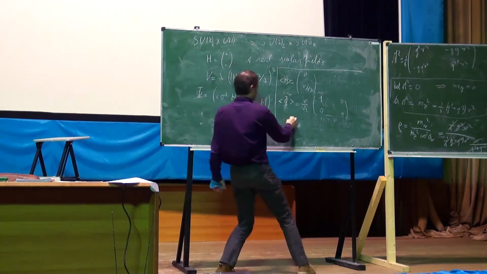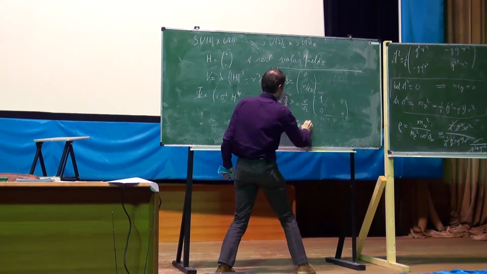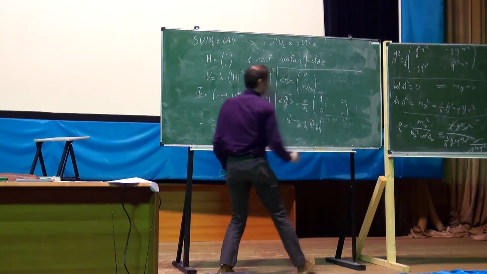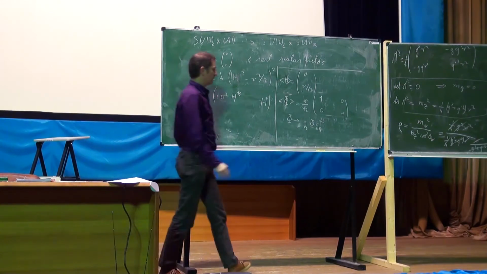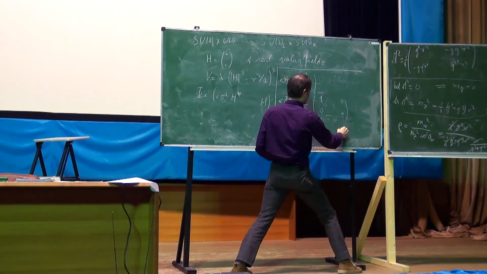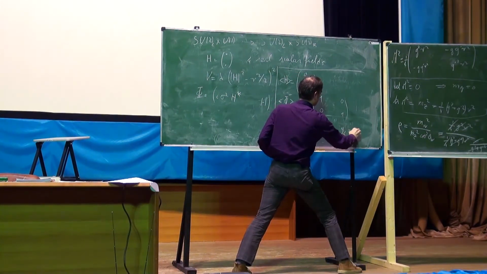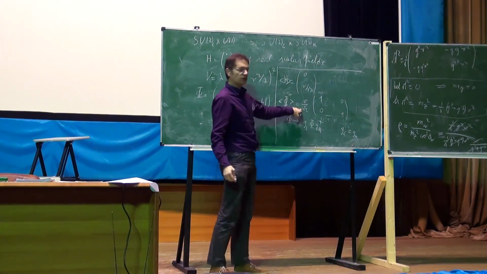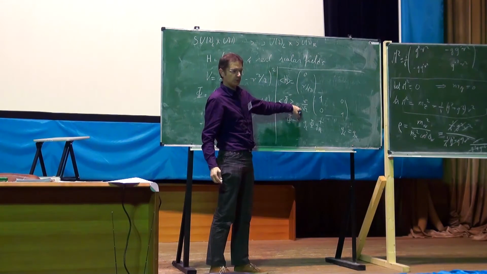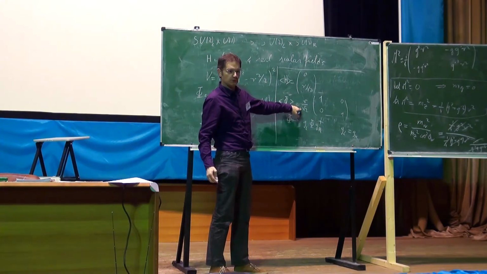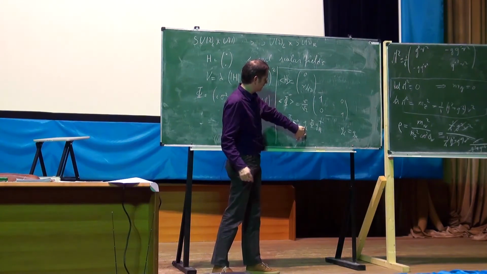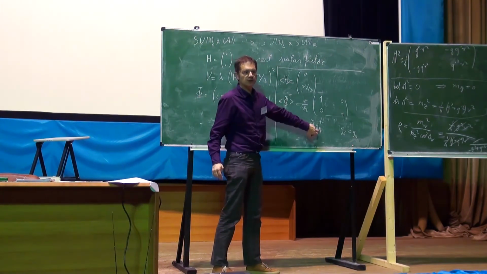And phi transforms as g left times phi times g right dagger. So clearly the vacuum is also invariant if you perform the same transformation on the left and on the right. If g left is equal to g right, then the vacuum, the identity matrix, is invariant.